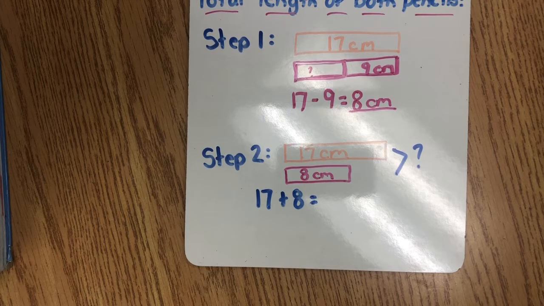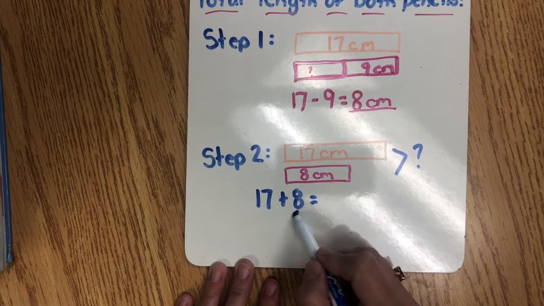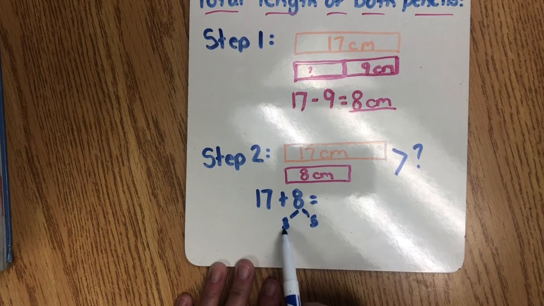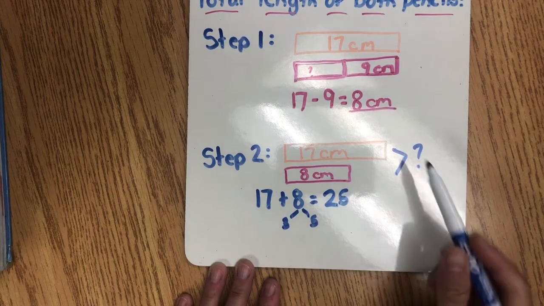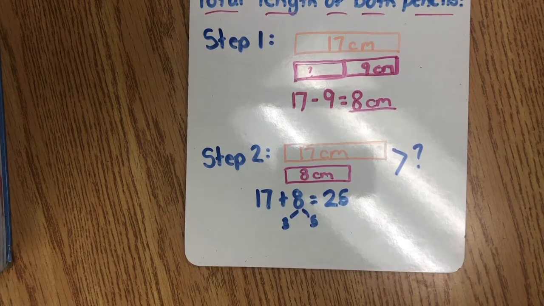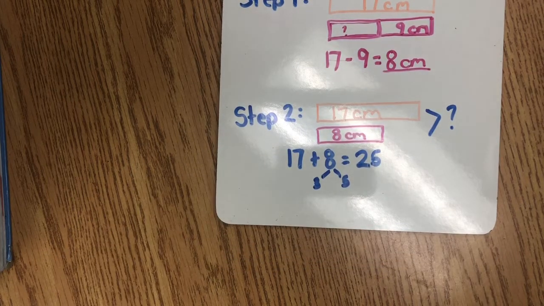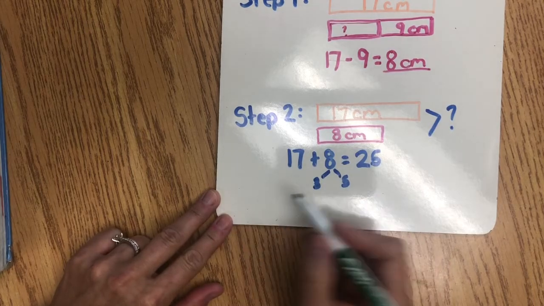let's think about that. I know to get to 20 from 17, I could add 3, so I might take out a 3, and then I'm left with a 5. 17 and 3 is 20, plus 5 makes 25. So the total length of both of those pencils is 25 centimeters. I just need to write that. I'm actually going to use this green. It's a much better pen, I've noticed, than this blue one.